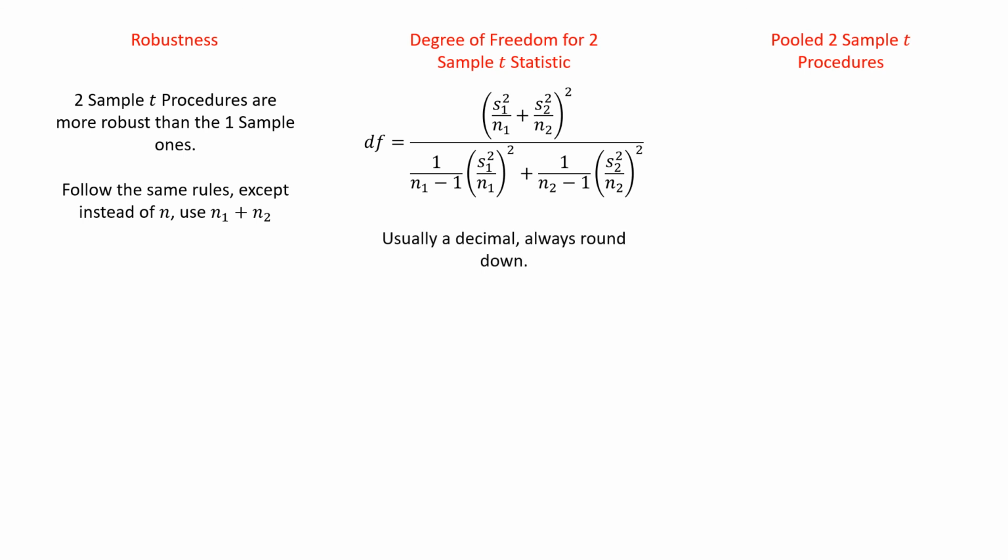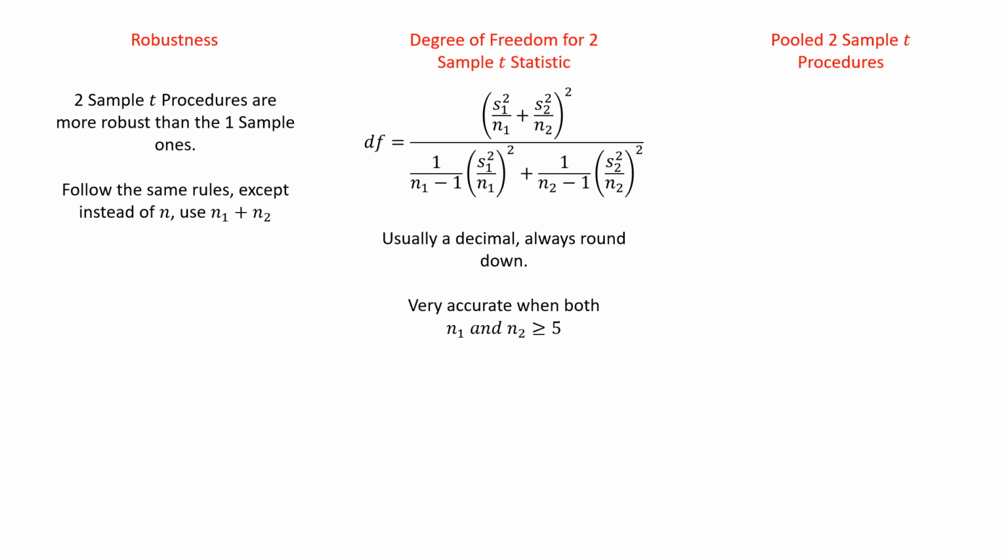But this one is actually very accurate. It's generally speaking a decimal, as you can probably figure out by the equation. Always round it down. And it's very accurate when both samples are at least 5. And a sample size of 5 is basically nothing. If you have less than a sample size of 5, then you really need bigger samples.